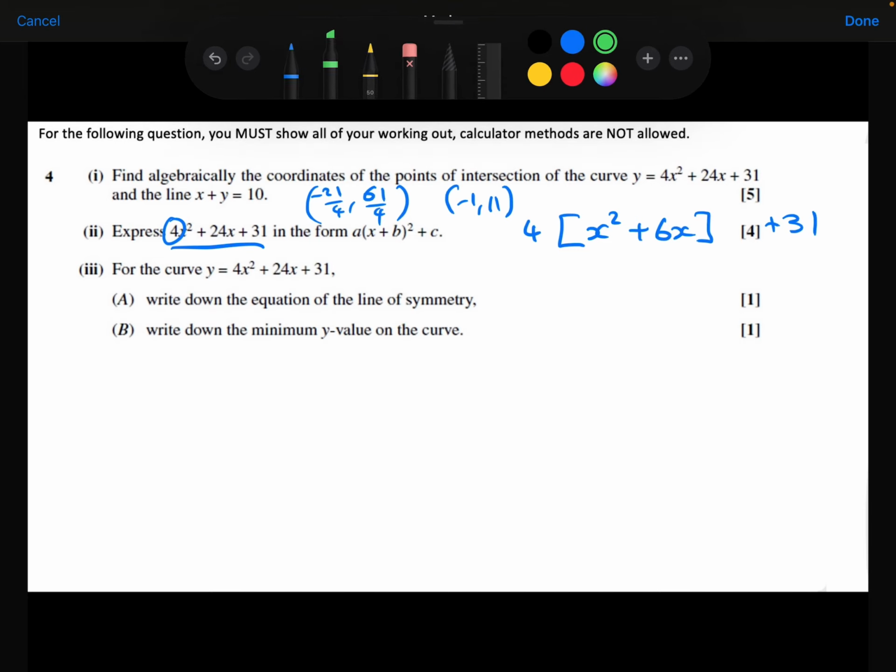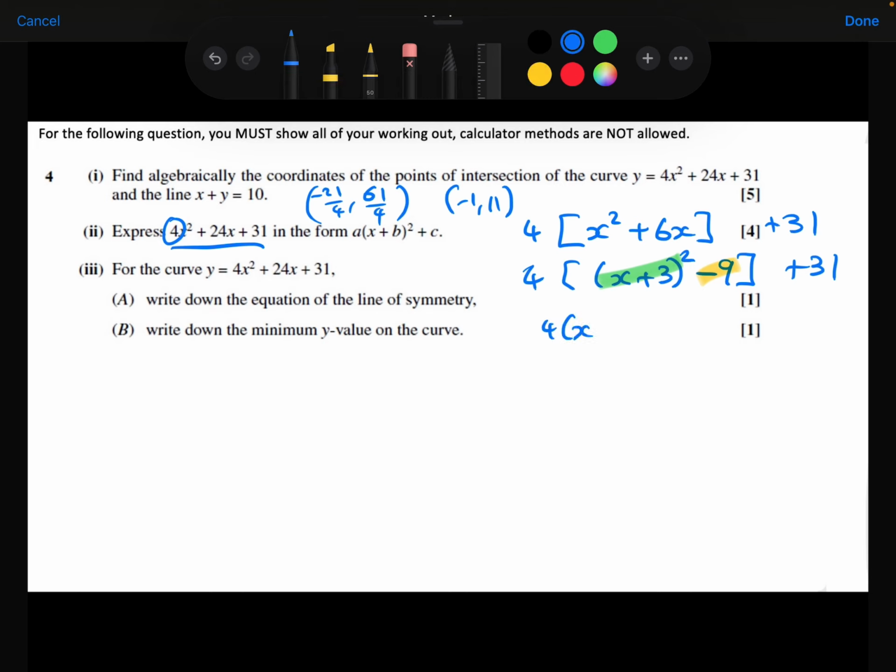So just to double check, 4x squared, 24x, plus 31. This is the same thing. Now let's complete the square on the inside. So I'm going to half the 6. I'm going to take away that 3 squared. Now I'm going to multiply both of those terms, both the x plus 3 all squared and the minus 9, by the 4.